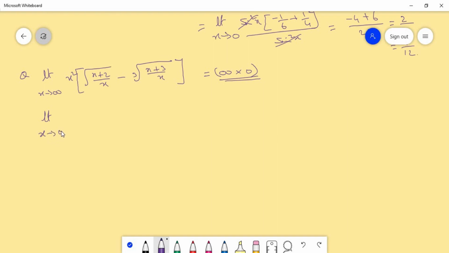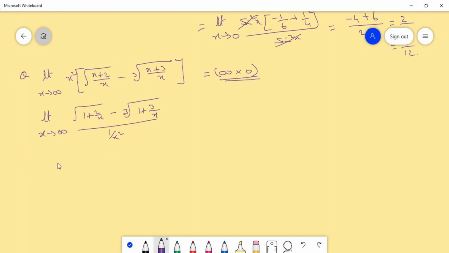Limit x tends to infinity, root over 1 plus 2 by x minus cube root 1 plus 3 by x, whole divided by 1 by x square. Is it okay?